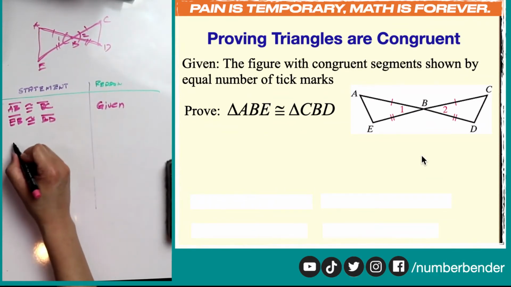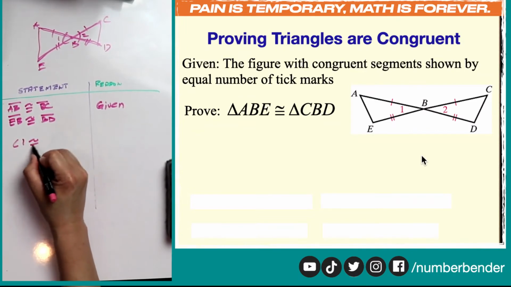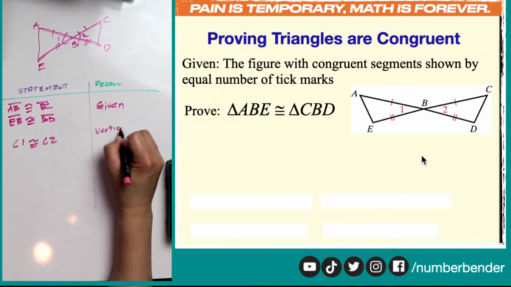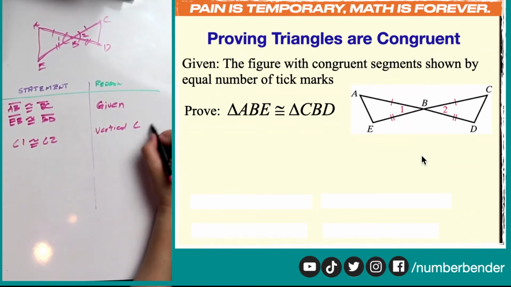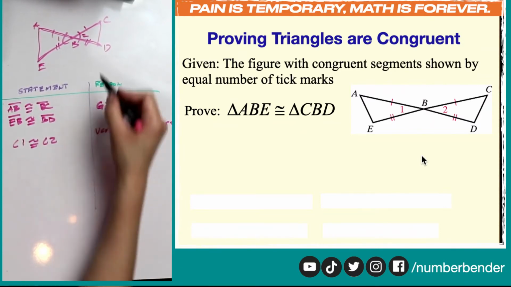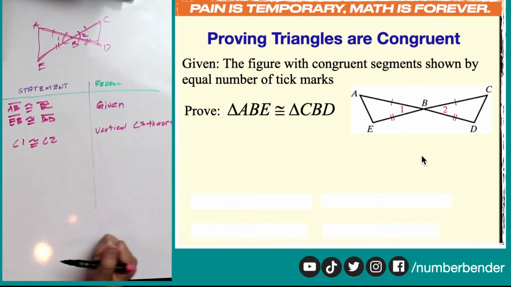So we can write it on our second line that angle 1 is congruent to angle 2 because of the vertical angle theorem, or vertical angles theorem. And we know that because it forms a vertical angle.